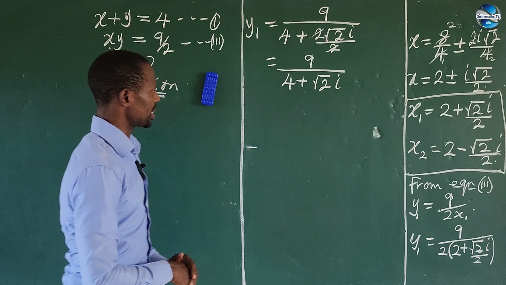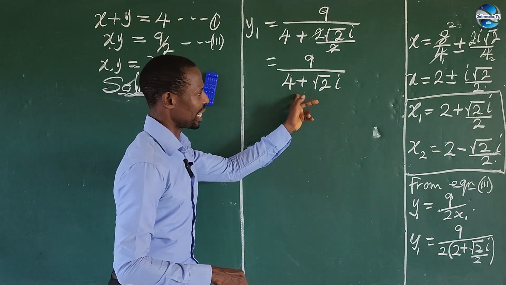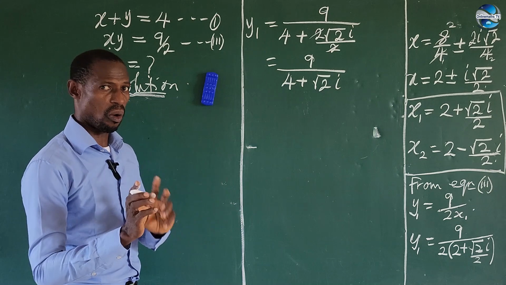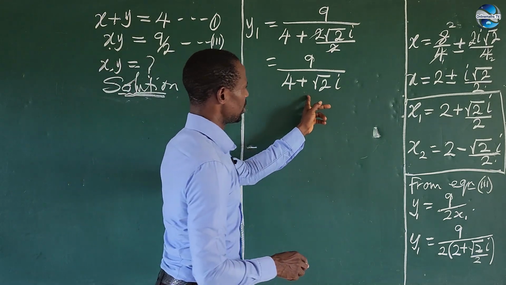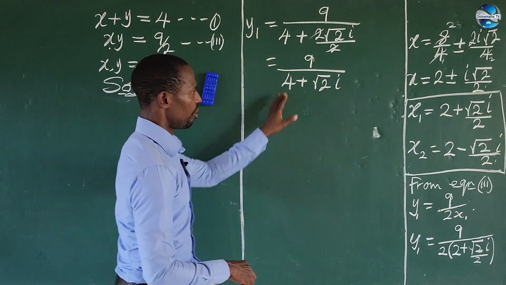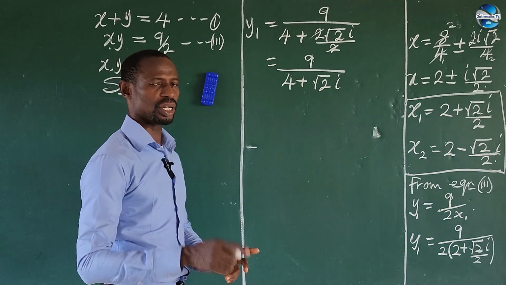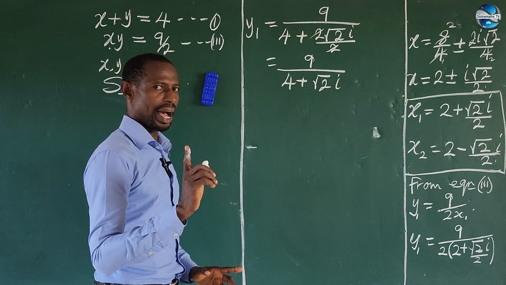Now let's look at this carefully. We have to rationalize the denominator here. If you are familiar with this, how do we rationalize this denominator? We look for the conjugate of this. And what is the conjugate of this? It will be 4 minus the square root of 2i, right? So we rationalize the denominator here.